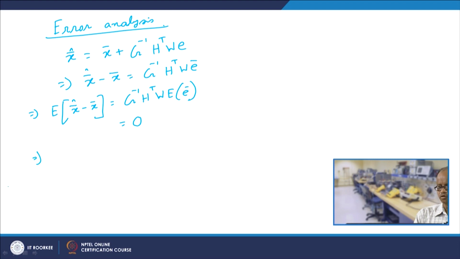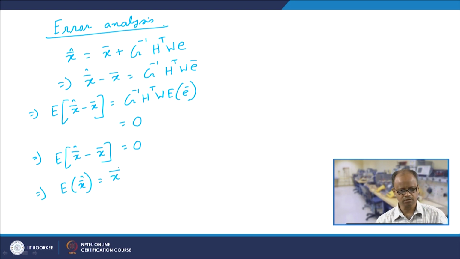So E of x hat is equal to x. This we have already seen. We have said that the expected value of these estimated values always converges to the true values.